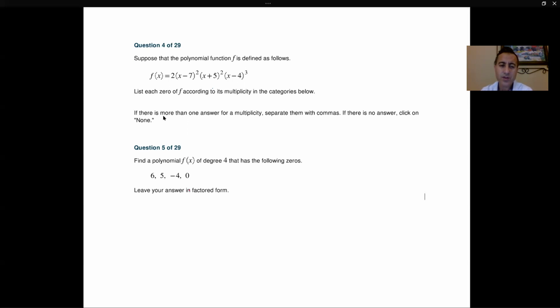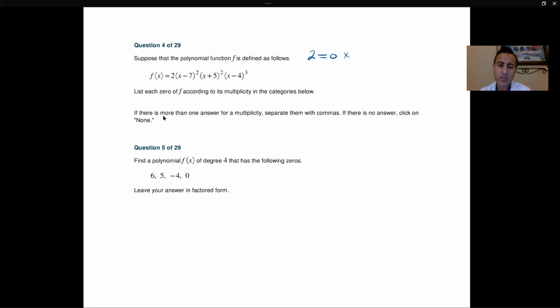Sometimes if there is an x there, the question comes up: should we use it or not? Well, set the factors to 0 and you find out. If it's 2, just to show you here, 2 equals 0, that's not possible.